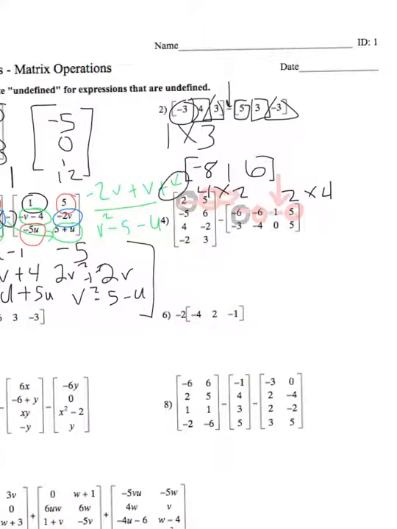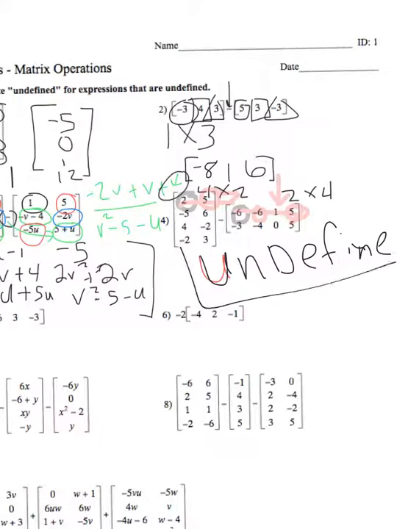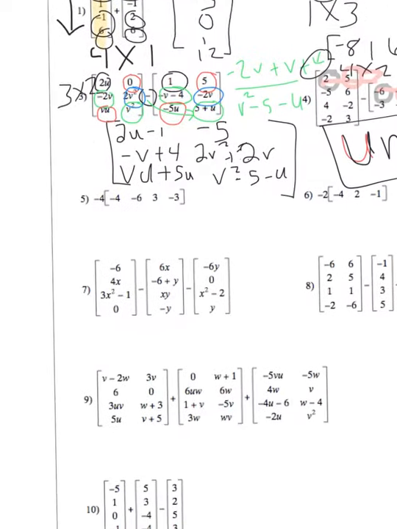I only have 2 across, and then I have 4 across. If the spots don't match up like that, then this is an undefined matrix. You can't do this one. So we call this one undefined. You cannot add matrices together unless they're exactly the same size.